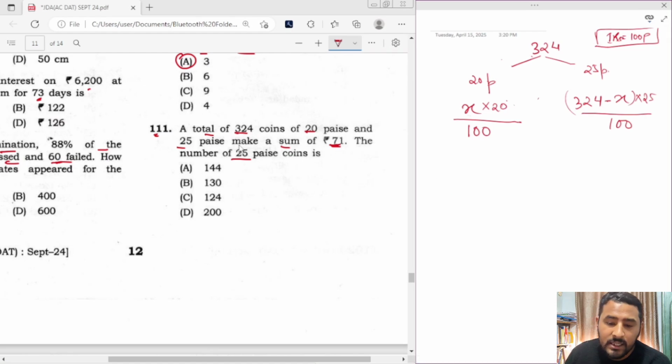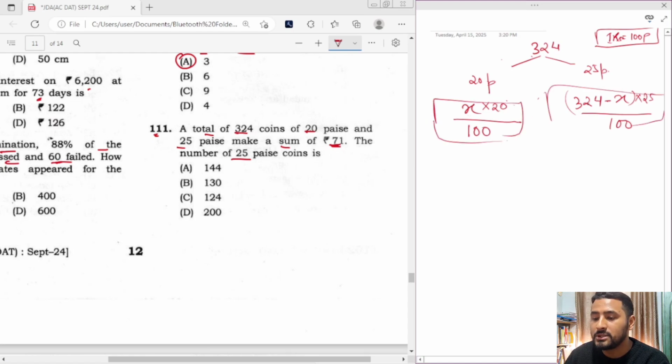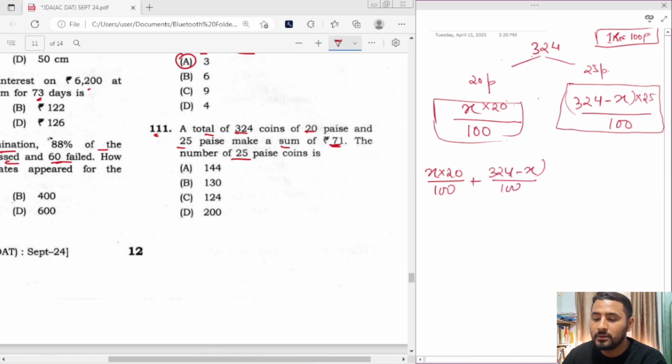Now they are saying the sum of these values. Sum means the addition of these two, right? So let us do x into 20 by 100 plus 324 minus x by 100 into 25.